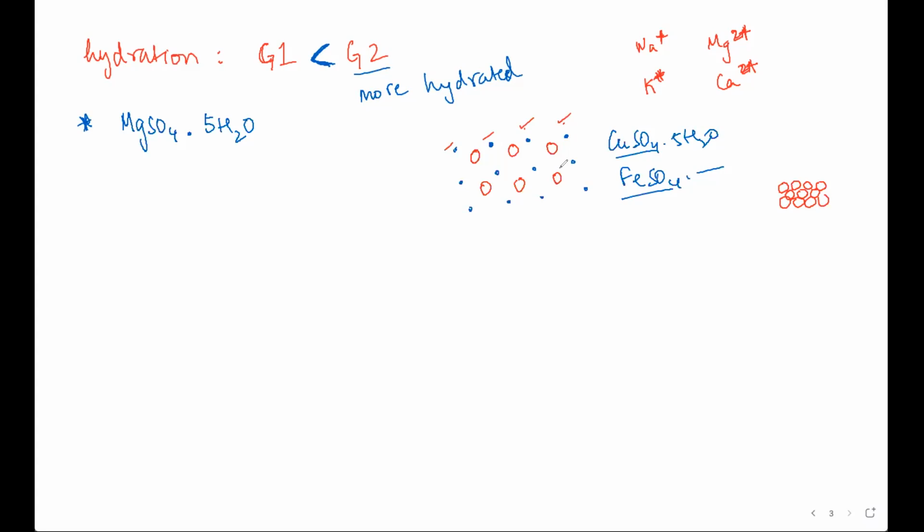But usually they are found within the crystal structure of these ionic compounds. That is why they are called water of crystallization, because they are found in the crystal structure. Within the rigid lattice, they sit between the gaps.